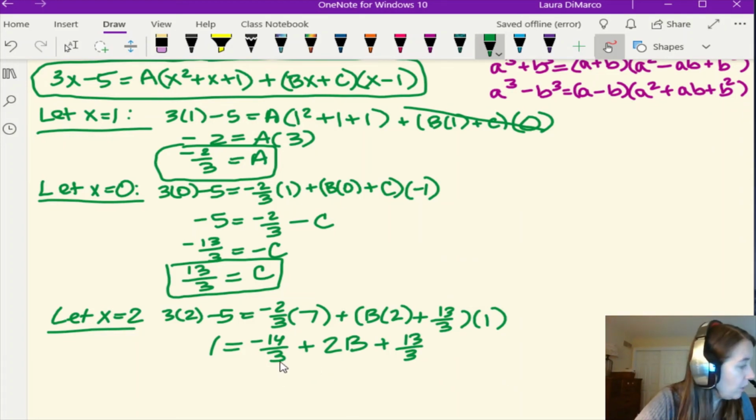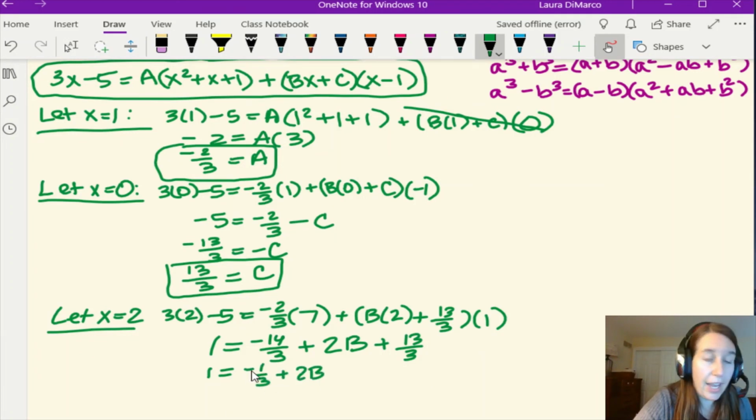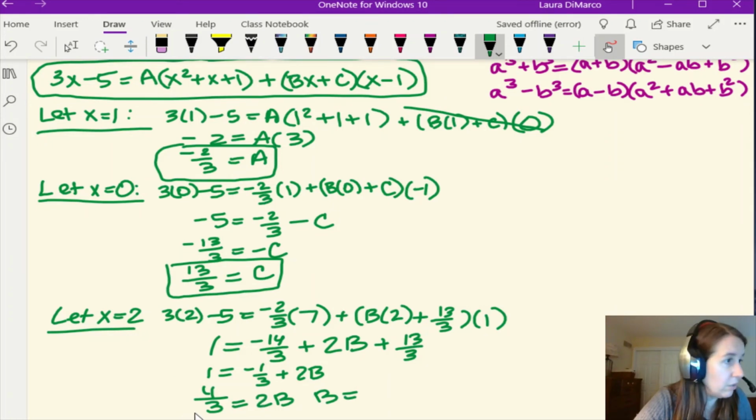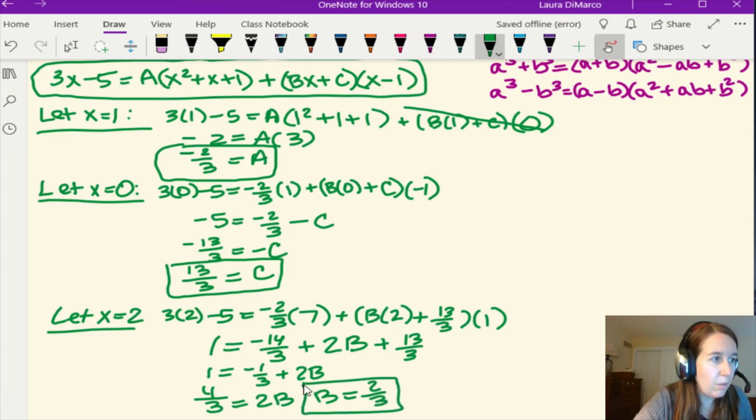So this is -14/3 plus 13/3. I combine those, so this is 1 equals -1/3 plus 2b. Then I added a third to the other side, so that's 4/3 equals 2b. So b is equal to, I have to divide by 2, so that's 4/6, or 2/3. Okay, so b is 2/3.